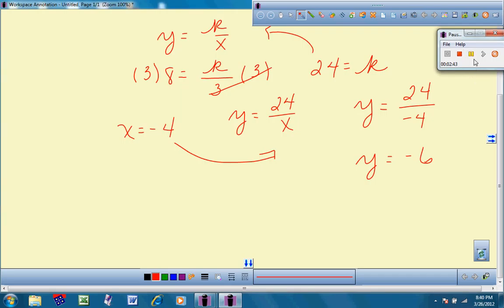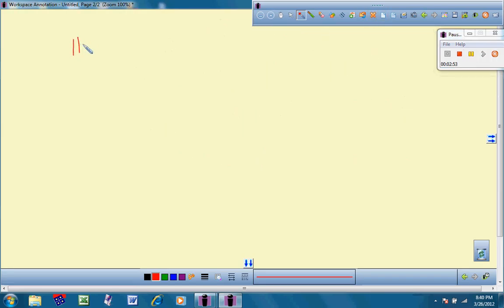Alright, the next problem we are going to look at is problem 39 on page 538. Now we're going to talk about joint variation.